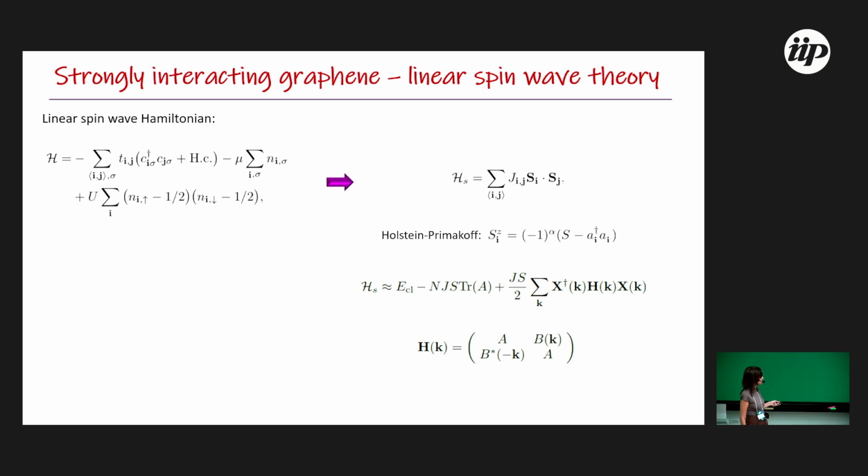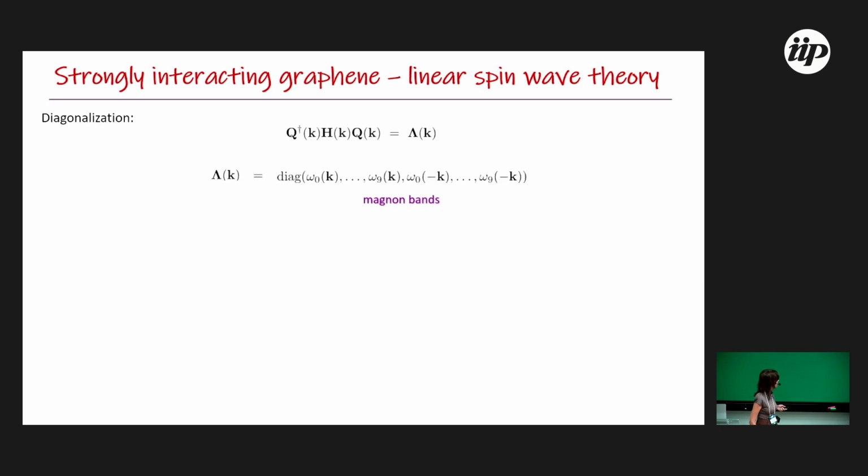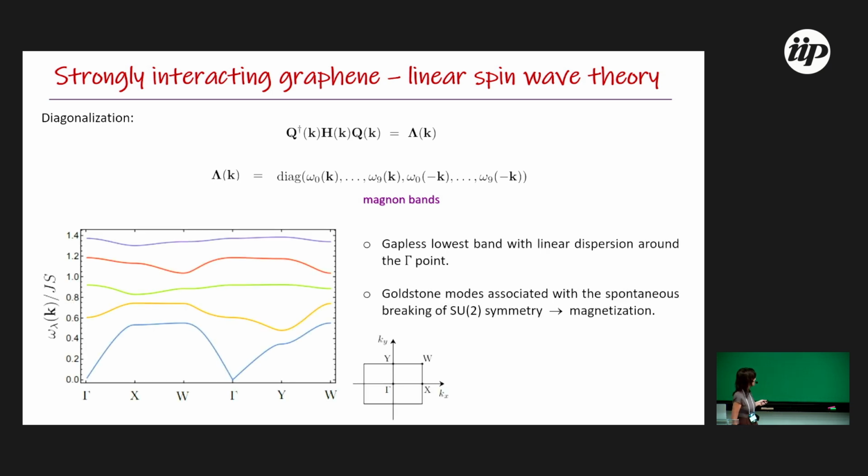Then we just have this matrix, which is the Bloch matrix for the magnons in this strongly interacting regime of this vacancy-engineered graphene.